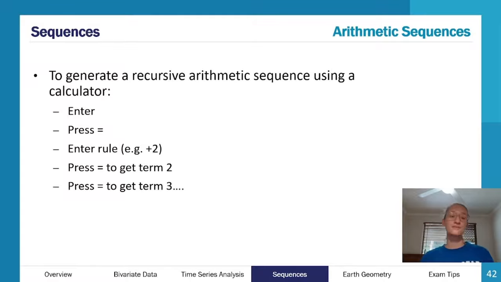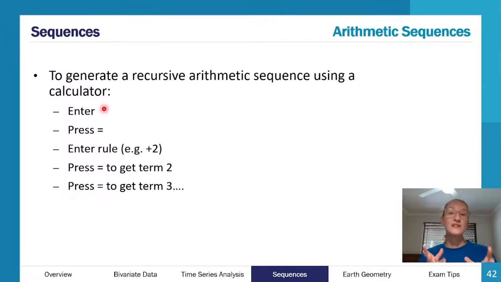That's what we're doing. Another awesome little calculator trick to keep in mind, to generate a recursive arithmetic sequence using a calculator: you enter your starting point, which could be 5, could be 10, could be 27, whatever your starting number is.